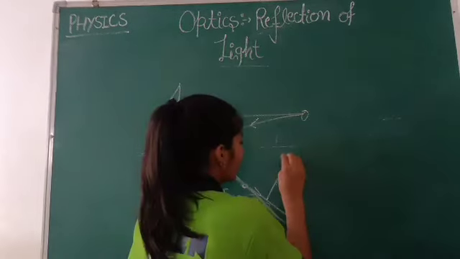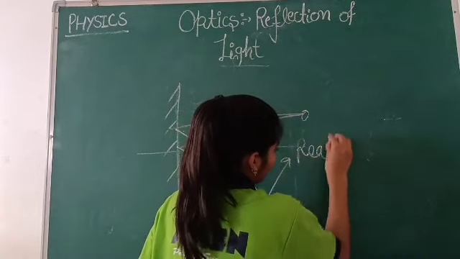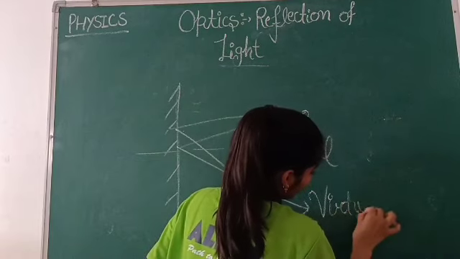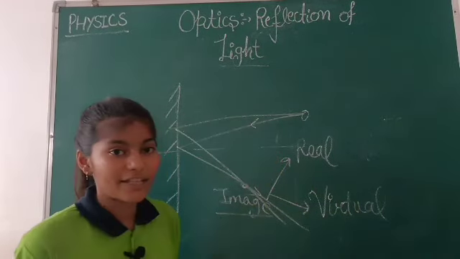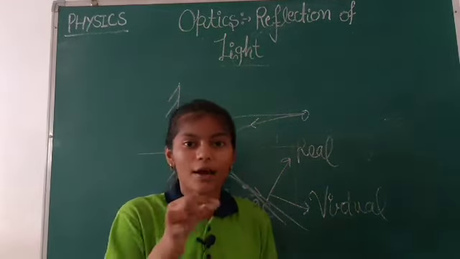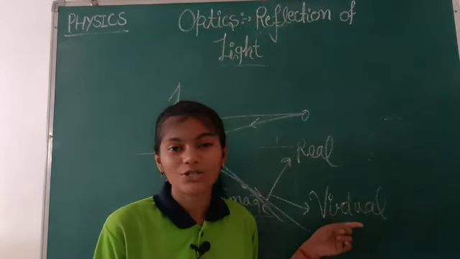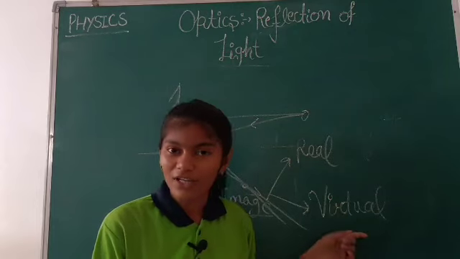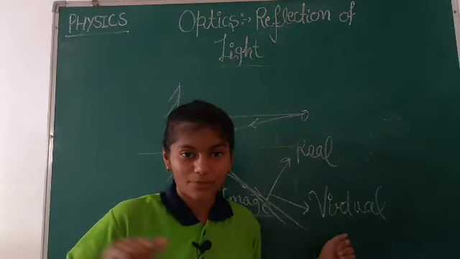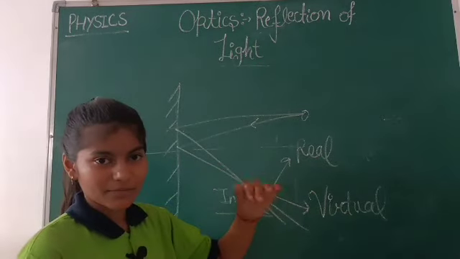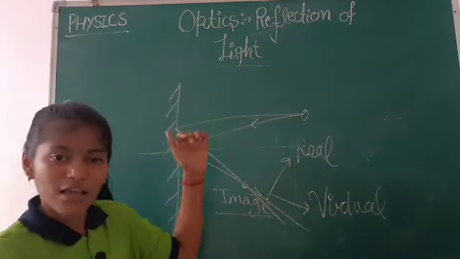This is what we call a real image. And if we have a virtual image, then the rays of light are not actually meeting but they appear to meet, and at that point we say it is a virtual image. And a virtual image is always erect and mostly enlarged. Erect means it's always straight.